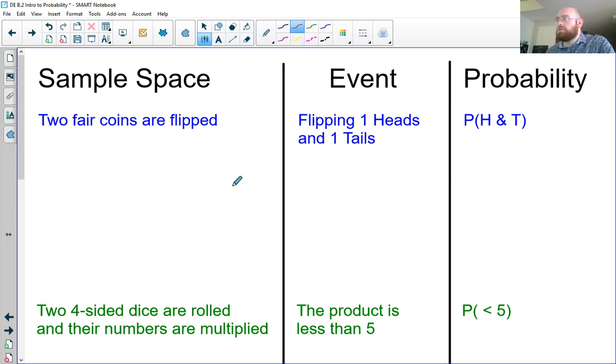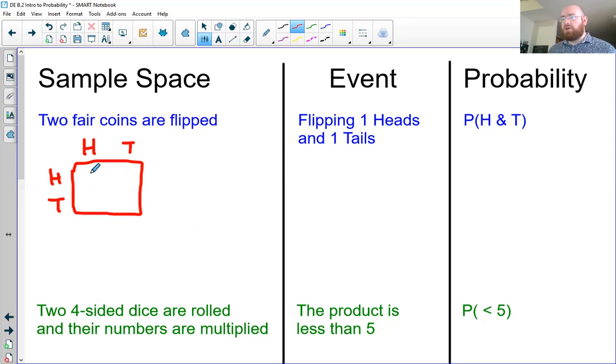If we start with two fair coins, meaning each of them is equally likely to give us heads or tails, we're flipping two of them. So our sample space would be heads or tails from the first coin, heads or tails from the second one.